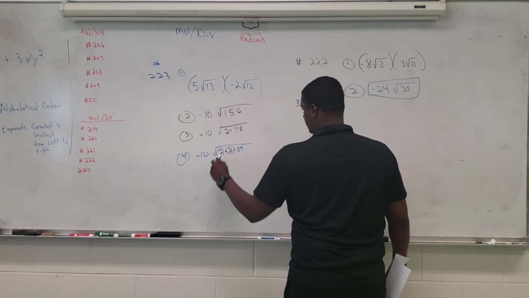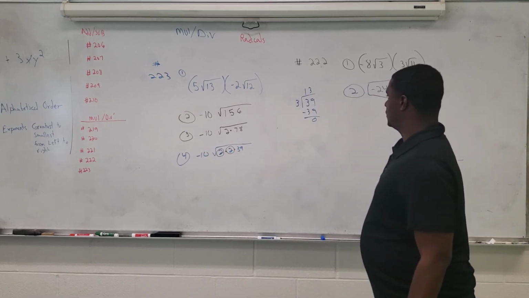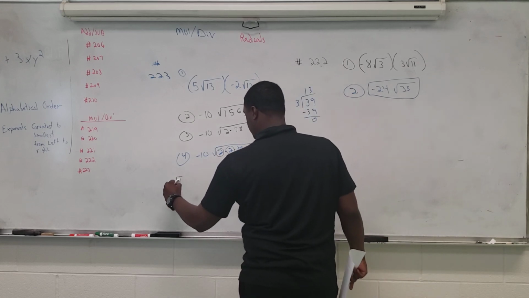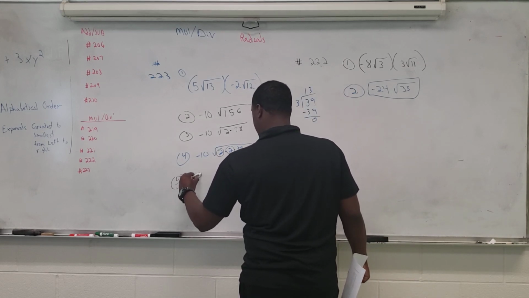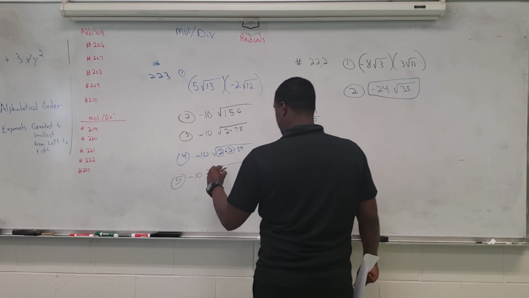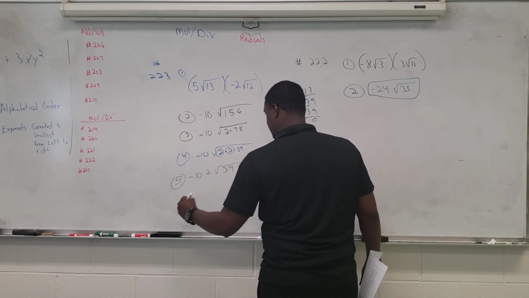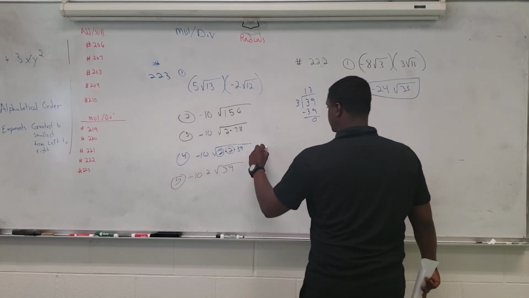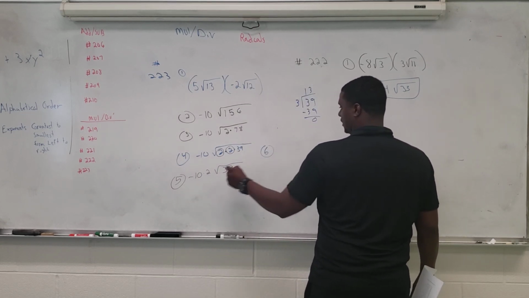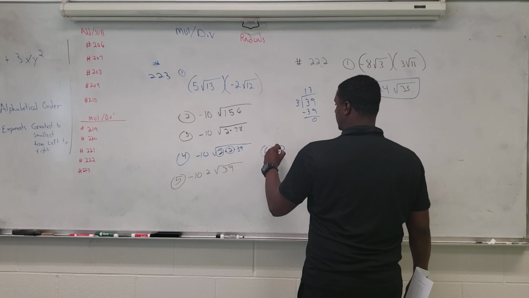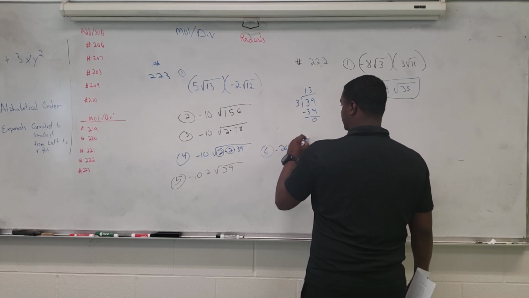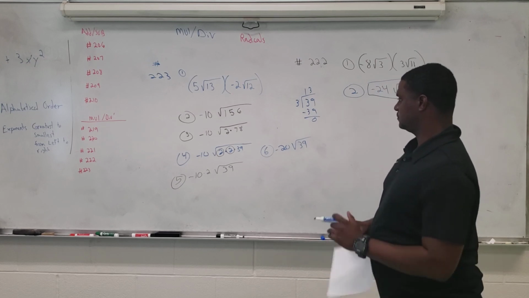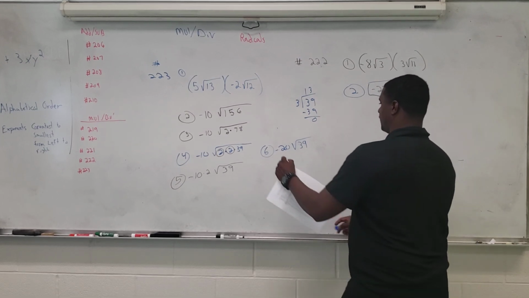I'll say negative 10 times 2, and what's left is square root of 39. And my final step, 10 times negative 2 is negative 20, times the square root of 39. That's my final answer.